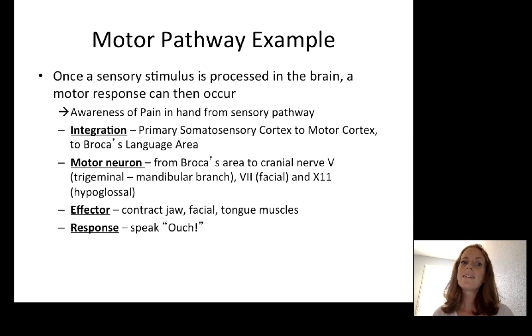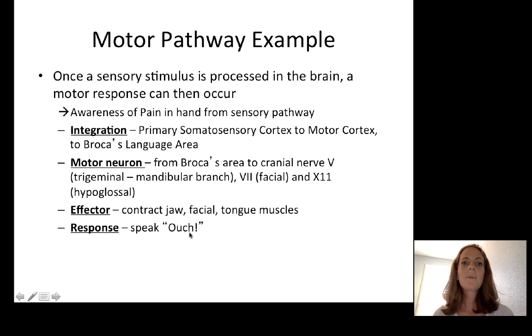What we'll talk about next time is how we then produce a motor response and how that gets processed in the brain. So we'll take the awareness of the pain in the hand, that, oh man, that really hurt, to the primary somatosensory cortex, to the motor cortex, to some language areas, from Broca's area through the cranial nerves out to the muscles of the tongue and face, to contract the jaw, facial, tongue muscles, and then you would say, ouch.